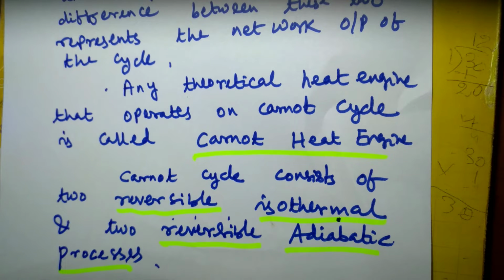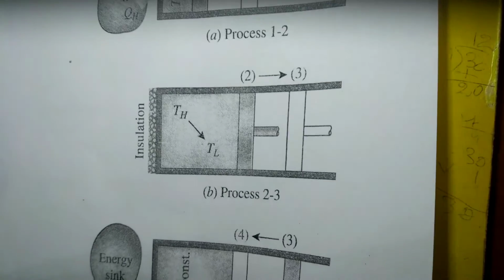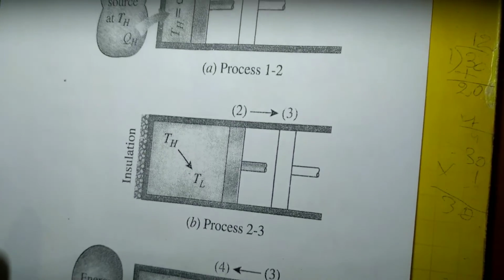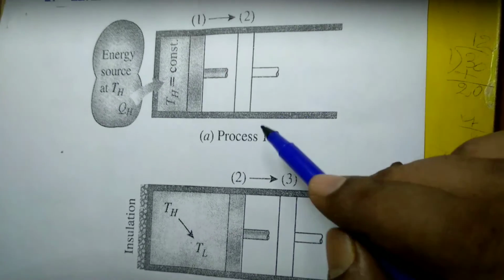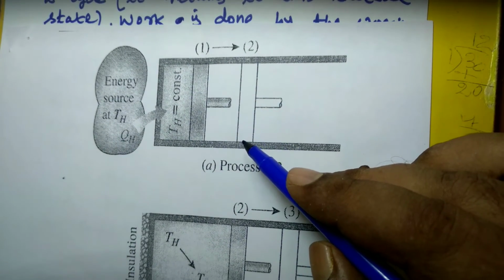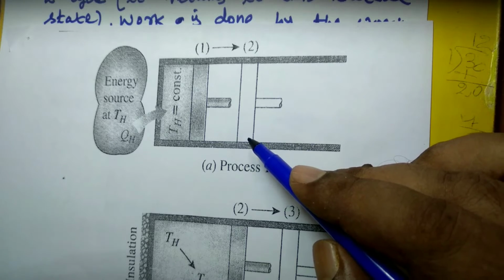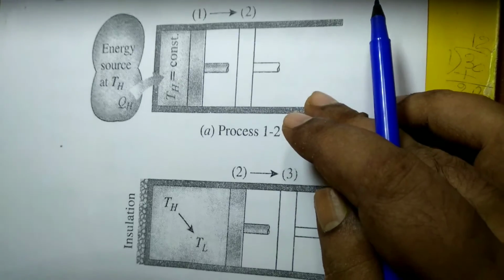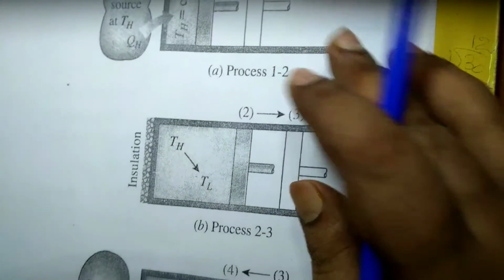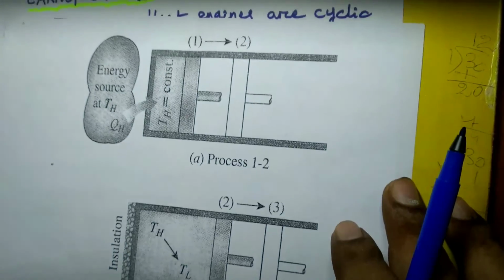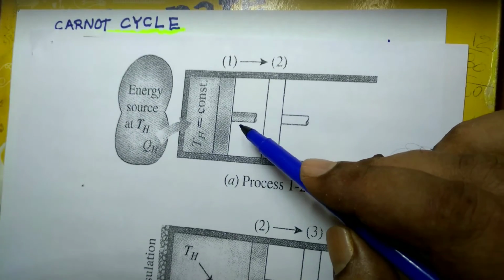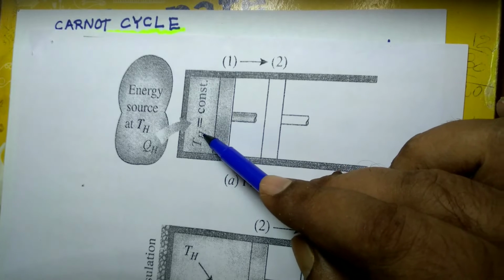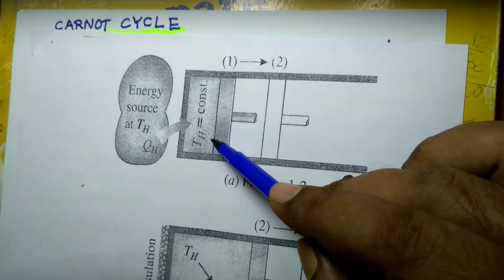and always the net work output is positive in the case of a heat engine. These are the processes in the Carnot cycle. The first one is a reversible isothermal process. A certain amount of gas is enclosed in a piston cylinder arrangement.